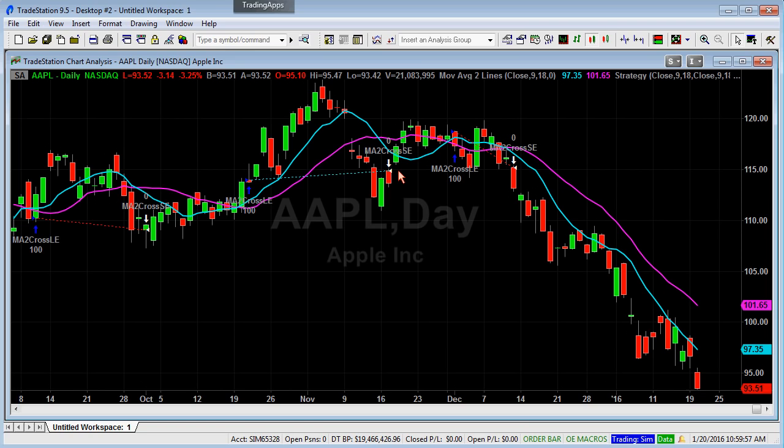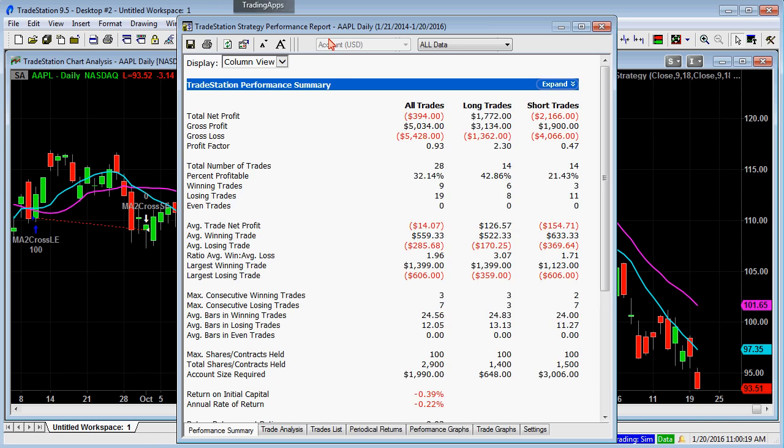Now I don't have red arrows, but now I only have blue and I have white. White arrows in TradeStation strategies are exits. It's using the moving average cross short entry to just exit the market. Notice that it's not taking you short. Now if I go back to my performance report by clicking on this very top toolbar button, take a look.